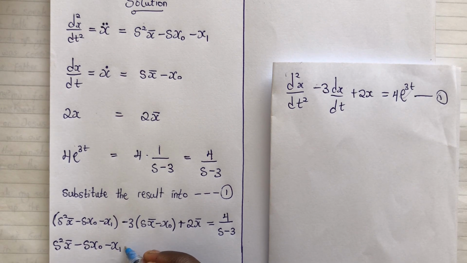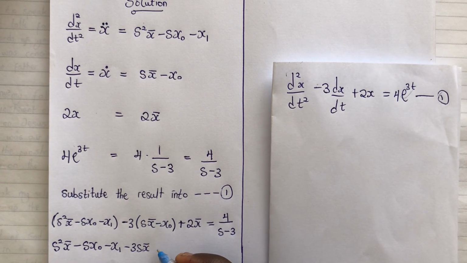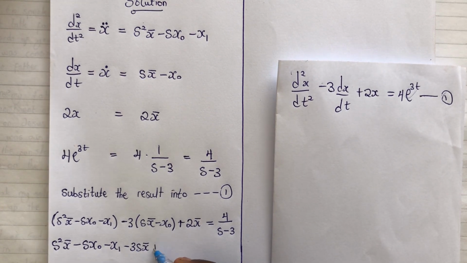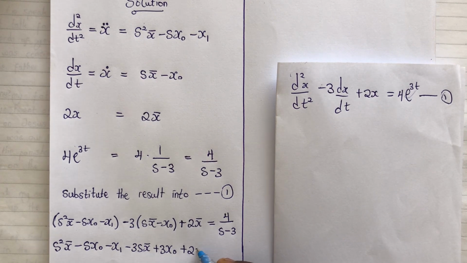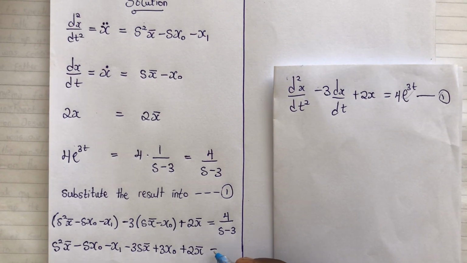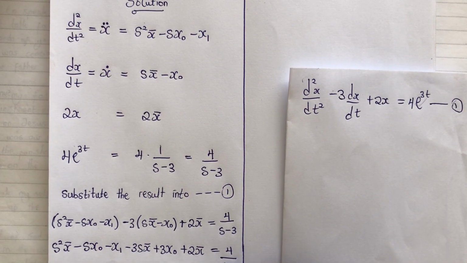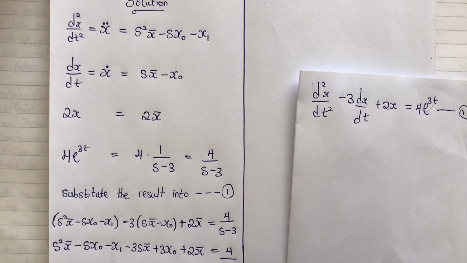Then, this times this, we have minus 3s x bar. This times this, we have plus 3x naught plus 2x bar equal to 4 over s minus 3.